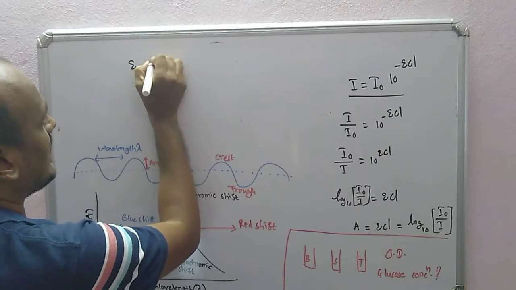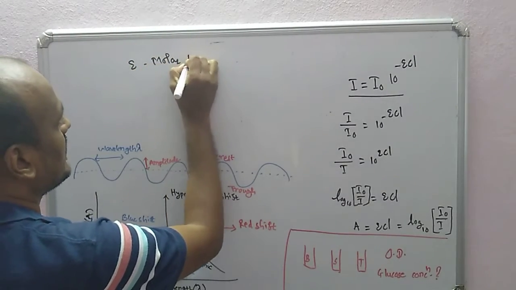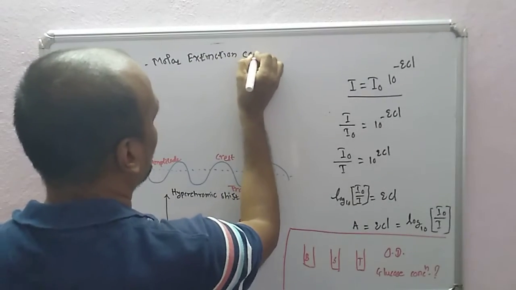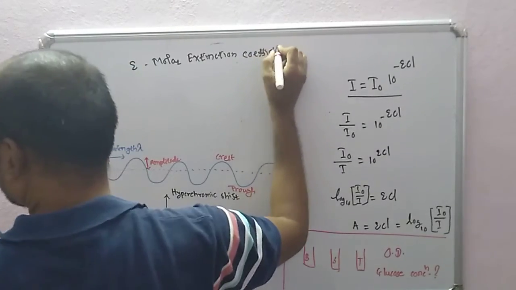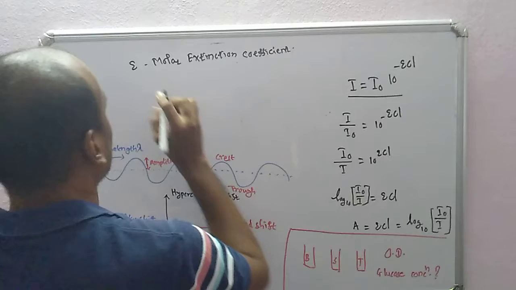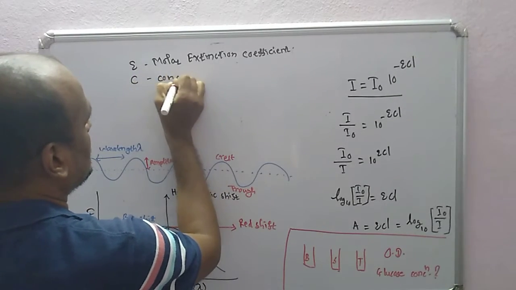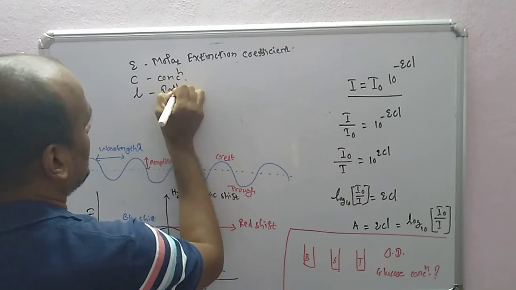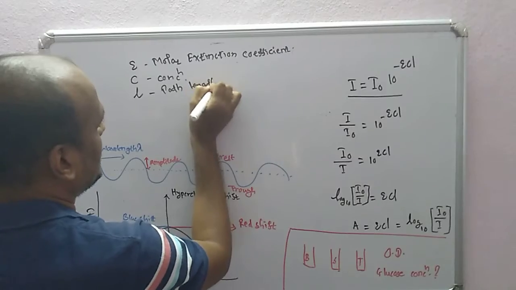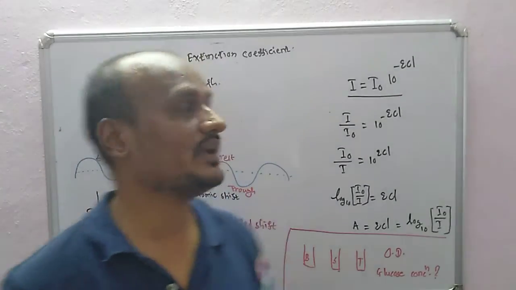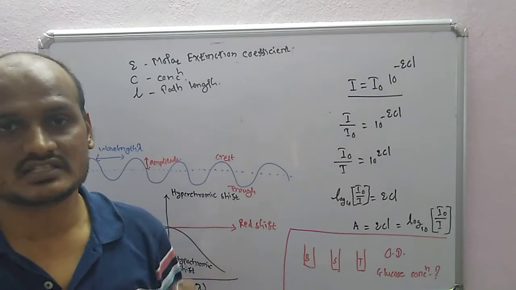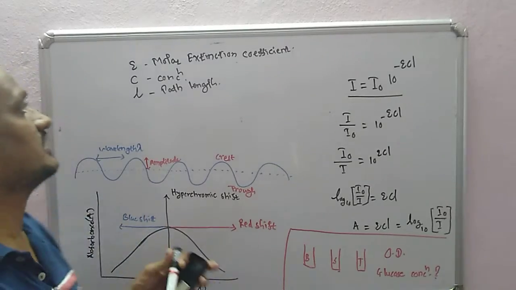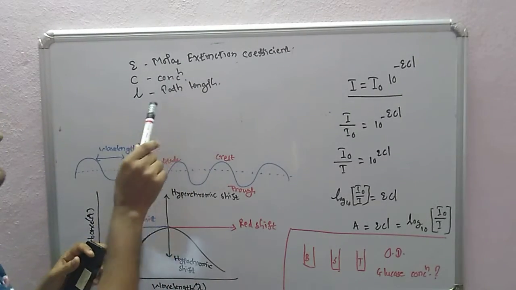Epsilon is the molar extinction coefficient. C is the concentration. L is the path length here. The molar extinction coefficient is specific for a specific chemical. For glucose it is specific, for protein it is specific. So the molar extinction coefficient is based on the solution, concentration and path length.